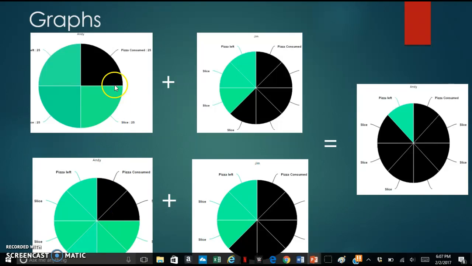As you can tell, it's the same as the 1/4, it's just got more slices. And this is the same graph for Jim. So this is how much Gary will have left over when you add the two amounts that Jim and Andy ate. As you can see, Gary will have 1/8 of the pizza left.